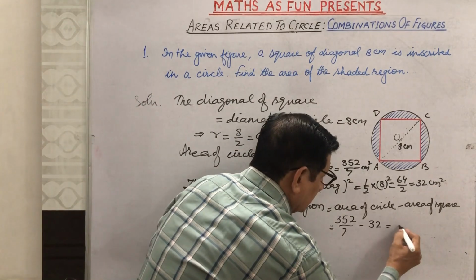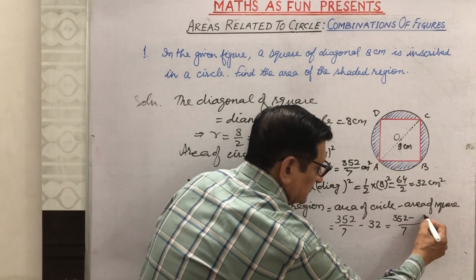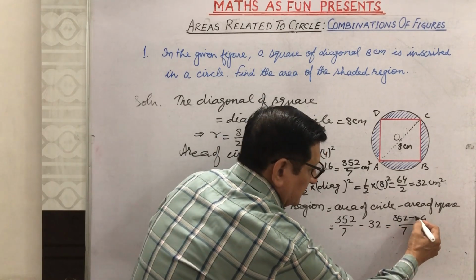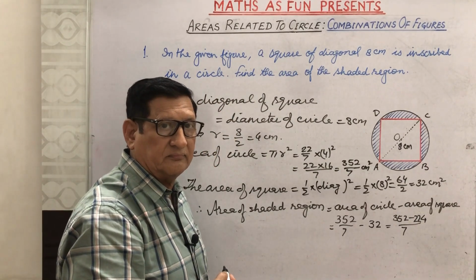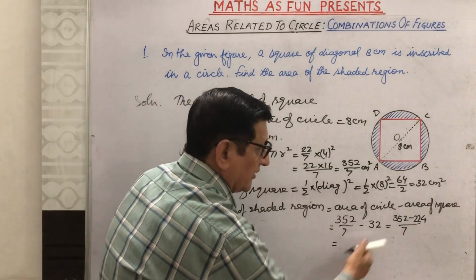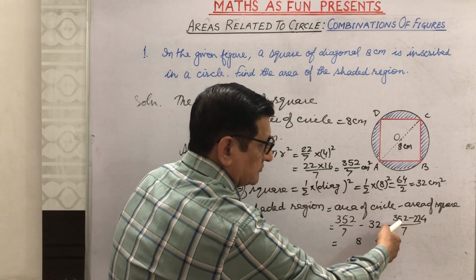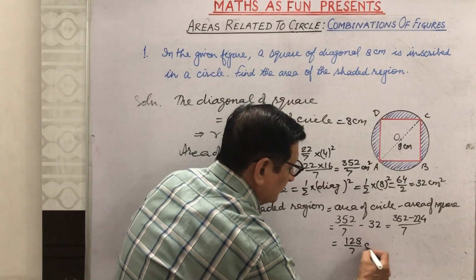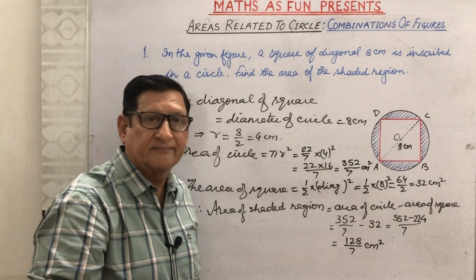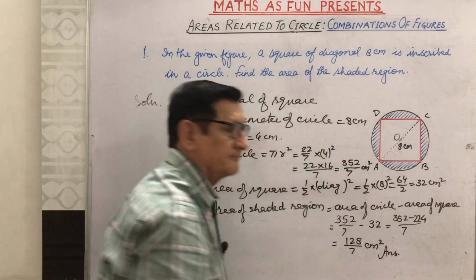If we take the LCM 7, this will be 352 minus 7 twos are 14, 7 threes are 21, 7 fours are 28, 224. And if we subtract that, it will be 128 upon 7 centimeters square. This is the area of the region.